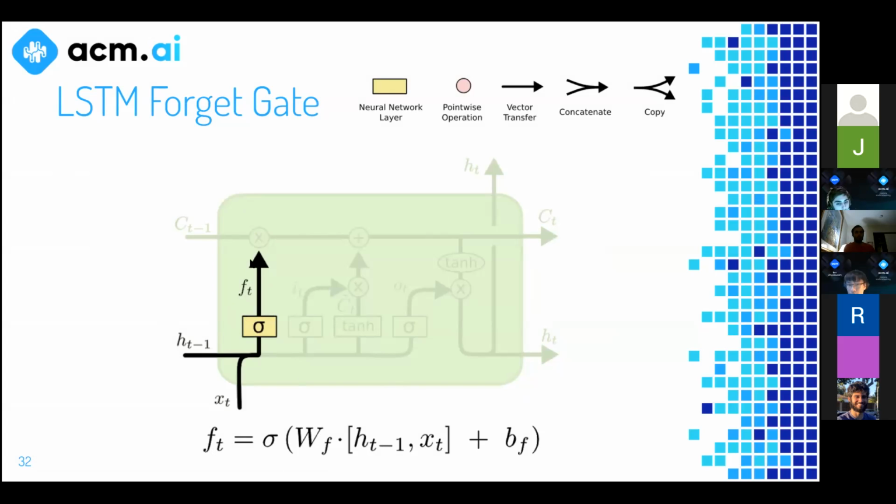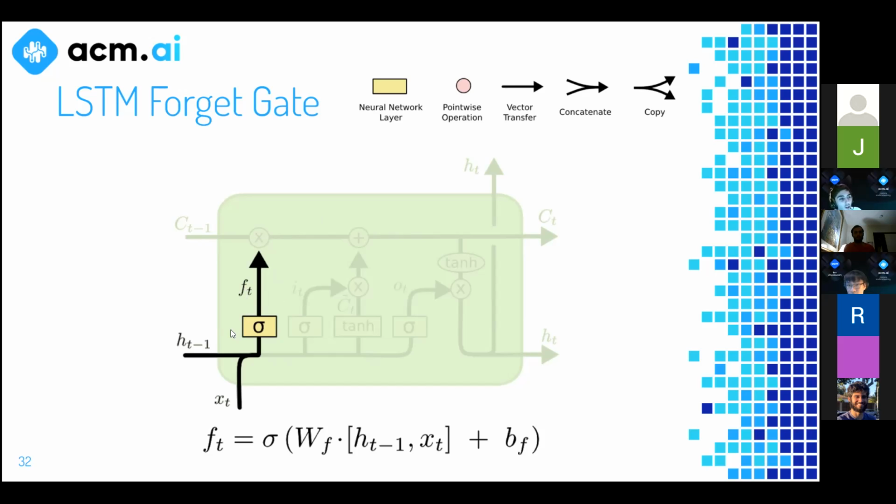And ultimately what you get at the end of this arrow, before you multiply this matrix into the cell, is a heat map of which values in this cell state I am going to kill. Which ones am I going to get rid of and shoot down to 0, and which ones am I going to keep? So it's going to be a heat map of values between 0 and 1. This is why we use sigmoid here.